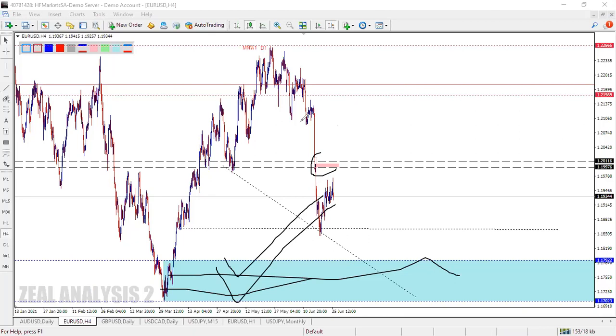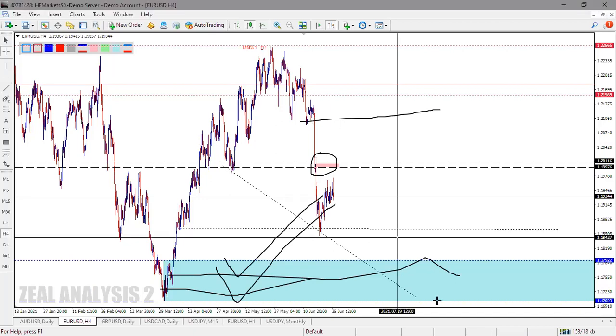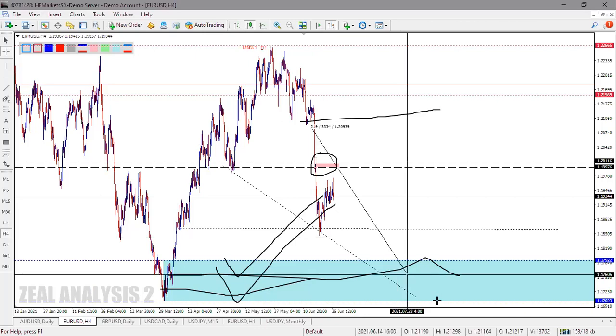This is the next supply right here. So let's say you have an entry alongside this level of supply, and you have your take profit here. That's around 30 pips, and you have a stop loss of about 60 to 330.